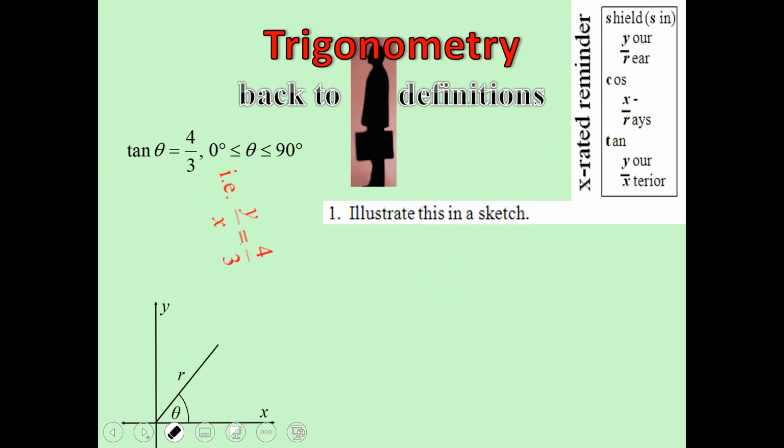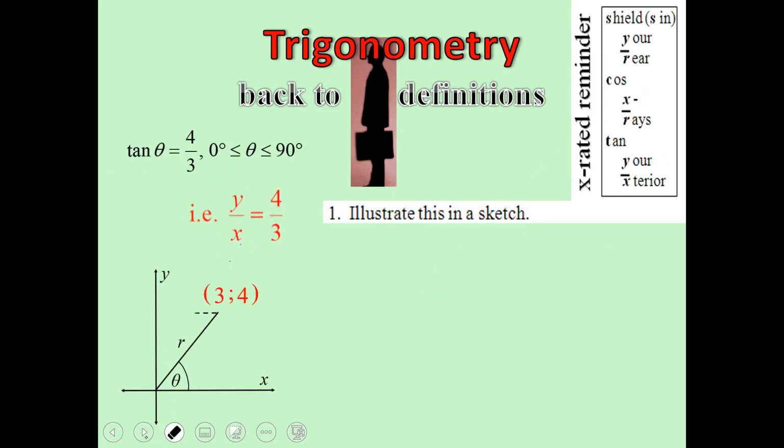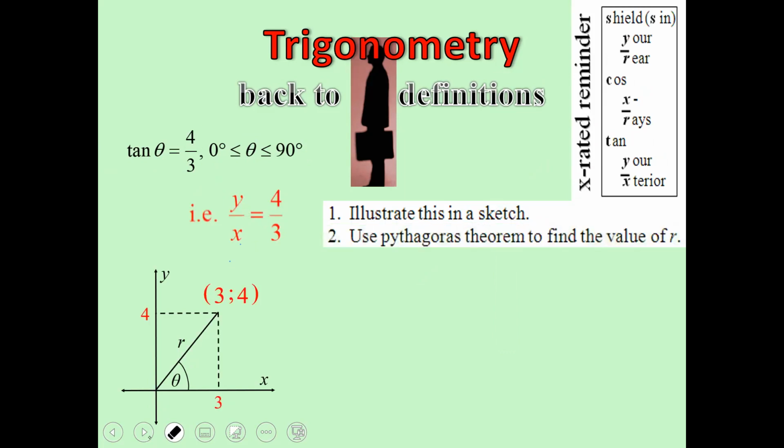And we can conclude that on the x-axis, that's 3, on the y-axis, that's 4. And using Pythagoras, we can find r squared. We know r squared will be 4 squared plus 3 squared, giving you 25. And to find r, you have to find the square root of 25, which is 5.